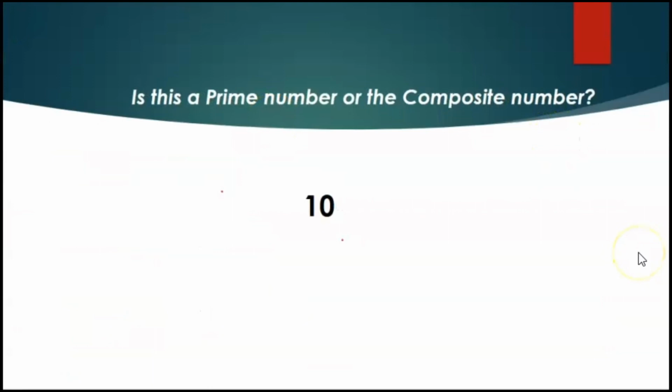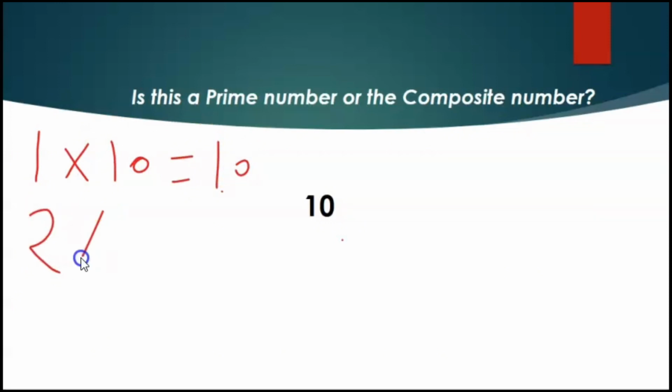Now let's take a look at another number. What do you guys think? Is 10 a prime number or a composite number? 10 is a composite number. Let's take a look at how. 1 times 10 equals 10. 2 times 5 equals 10.